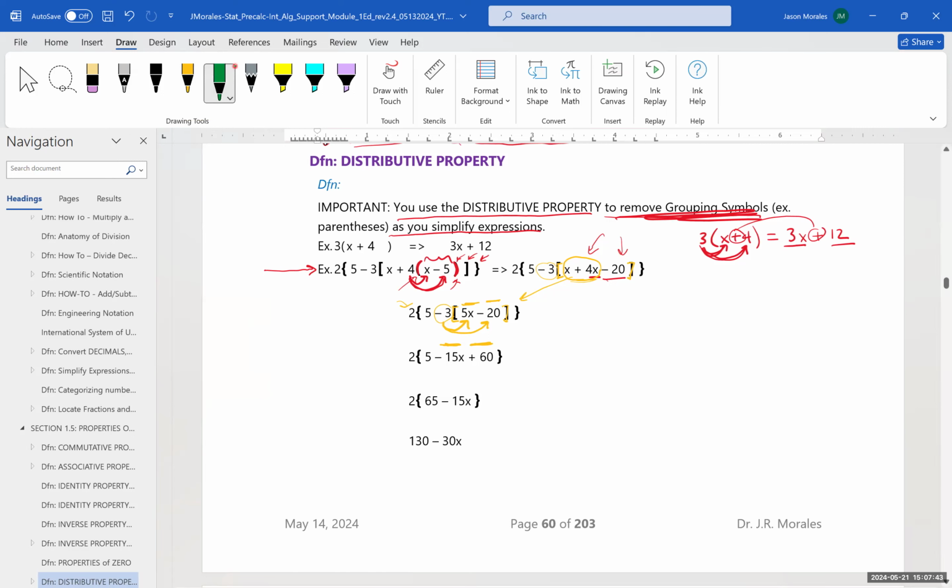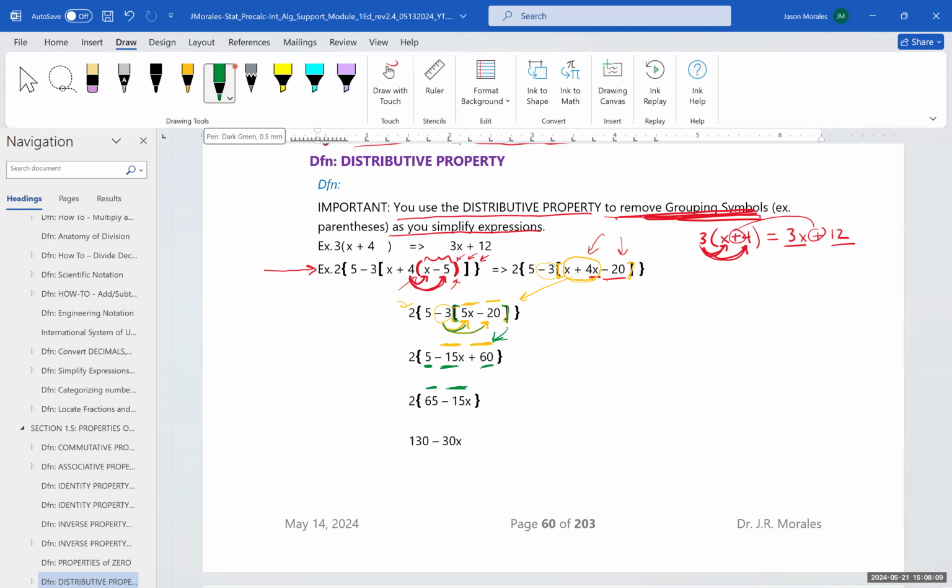And notice that once we applied this distributive property, the brackets are now gone. So what we can do is combine like terms. 5 and 60 are like terms, so that's why we get 65, and we haven't done anything with the -15x, that's still here.